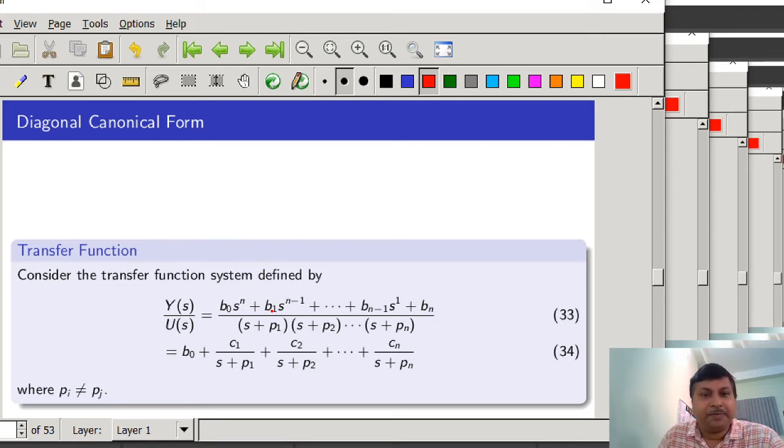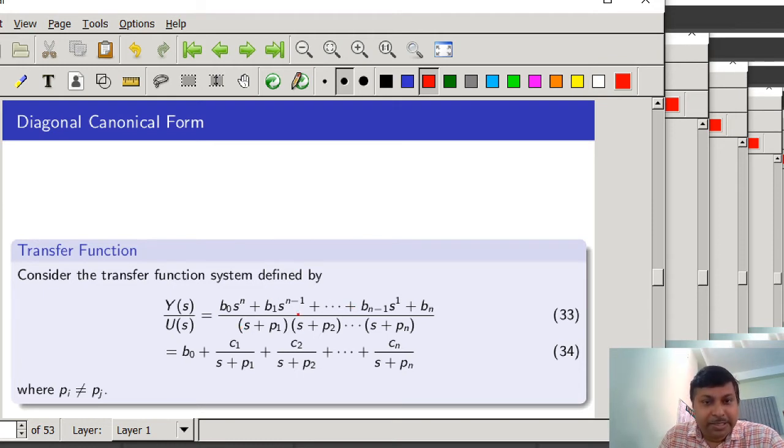We have taken an nth order system, but the transfer function is a little different from what we discussed earlier. Here we have expressed the denominator in factored form, where we can identify the poles of the transfer function: p1, p2, pn, or minus p1, minus p2, minus pn, indicate the poles.